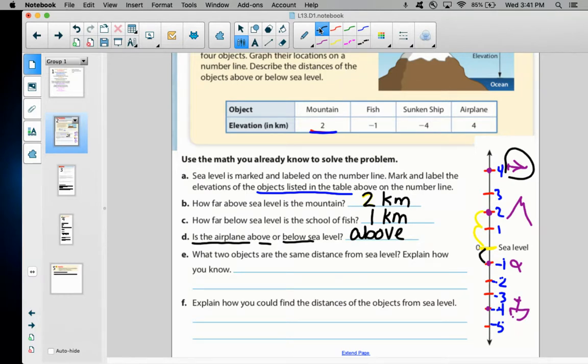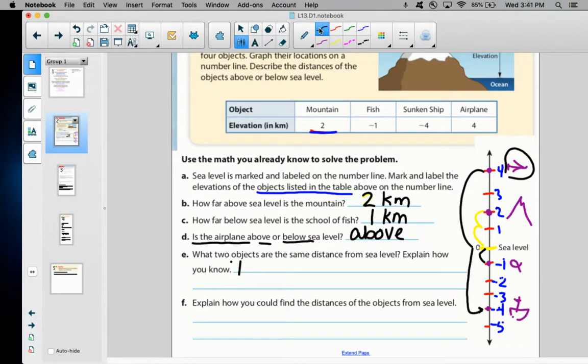And we need to find two objects that are the same distance from sea level. So I'm looking for something that is the same distance above sea level as it is below. And if you are noticing that the ship and the plane are both 4 kilometers away from sea level, you are correct.